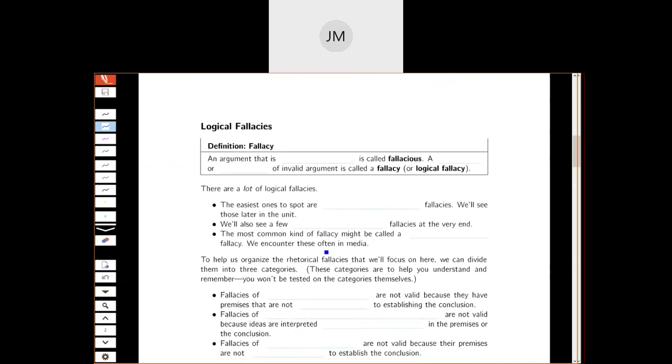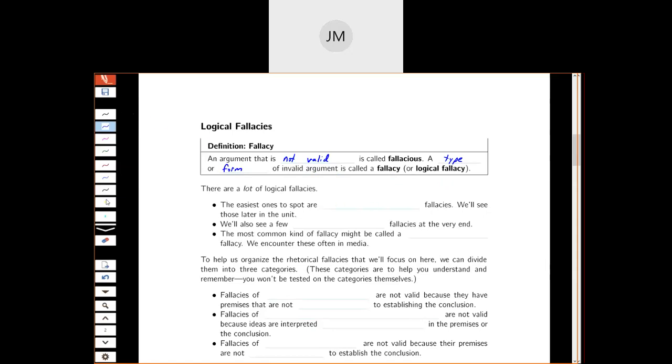Okay, so first let's define our terms. An argument that is not valid is called fallacious. A type or a form of invalid argument is called a fallacy, or sometimes a logical fallacy.